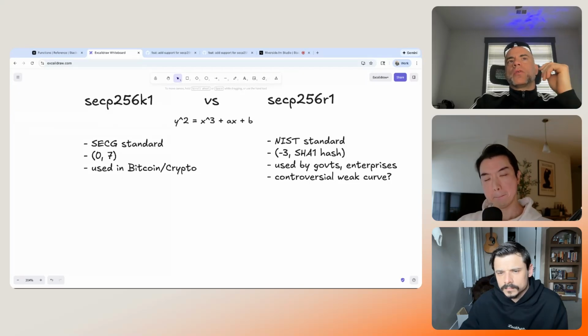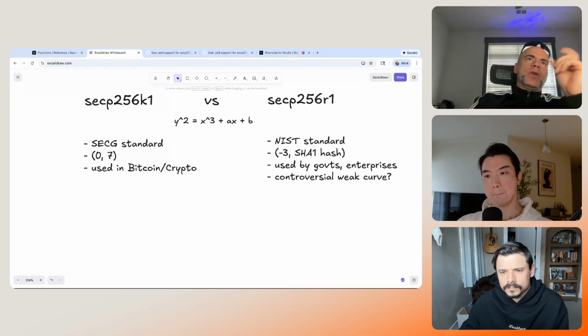So the question you're asking, though, is what would make a curve weak? And it's actually pretty complicated. The idea is that if you have a curve that's known to be weak, we can embed it in what's called a pairing curve. These are the same kind of curves that you use, for example, for ZK-SNARKs, for Groth16. These are curves that mix two different curve points together.